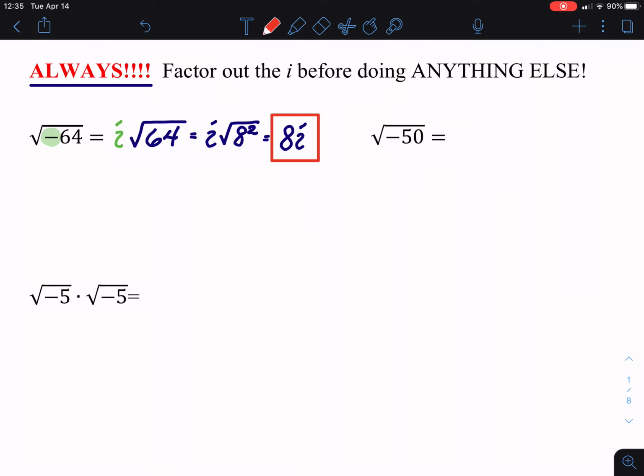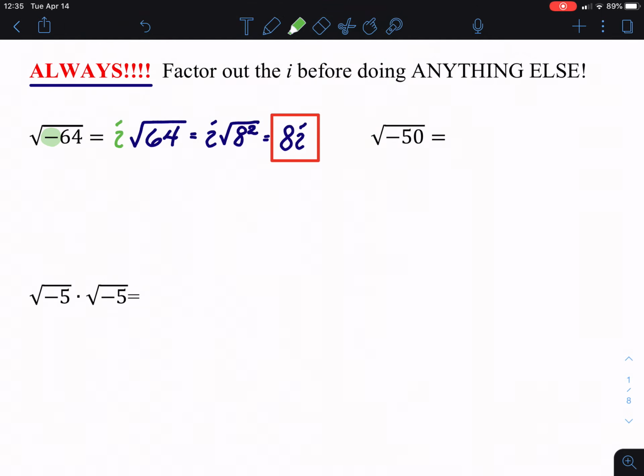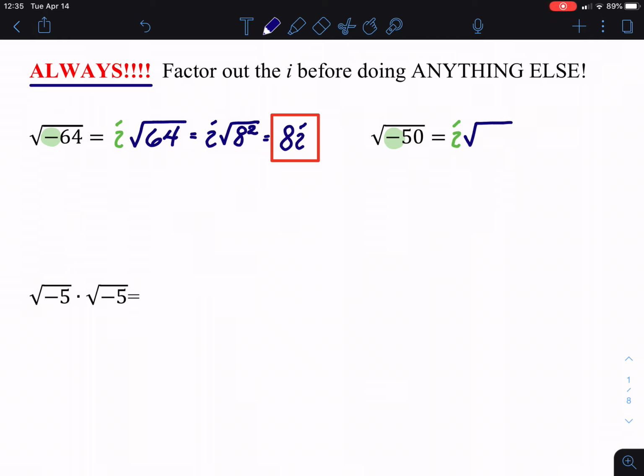So going on to our next one, we have the square root of negative 50. Again, I have a negative under my radical, so the first thing I'm going to do is factor that out as i. And then that turns my radical into a positive number underneath, the square root of 50. That is something that I can then simplify.